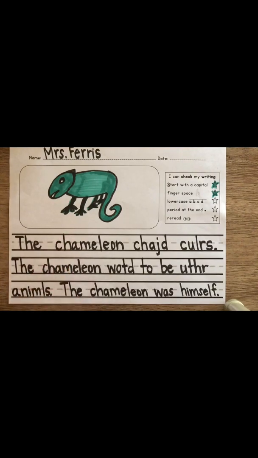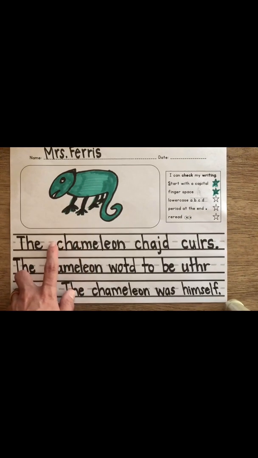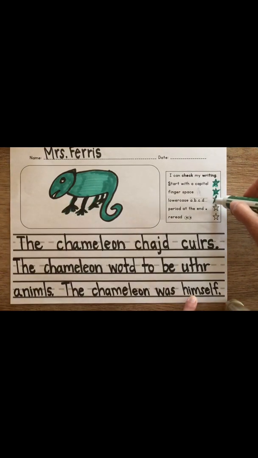Some letters that fall, like the J, they fall down the line. And then some letters that are small, like all of our lowercase letters that are going in this second line right here. Looks like I have all my lowercase letters.